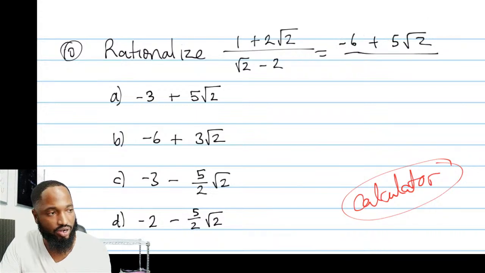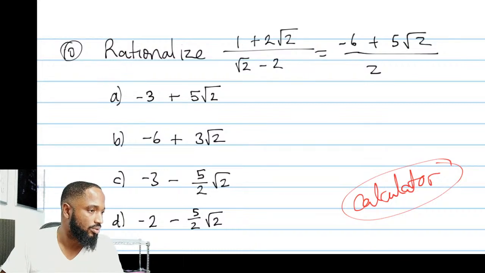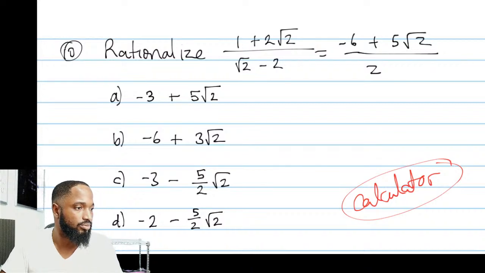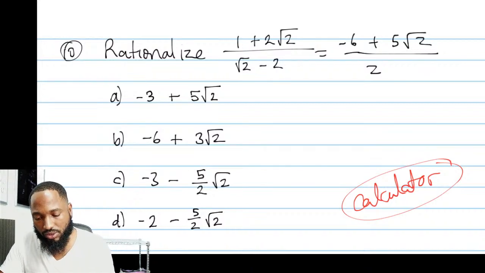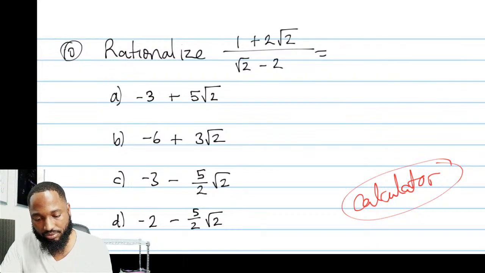Initially you're getting all divided by 2. So this is negative 3 plus 5. Y'all catch this.